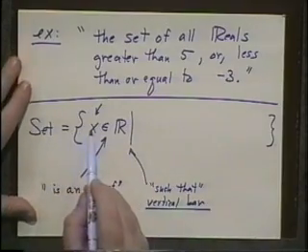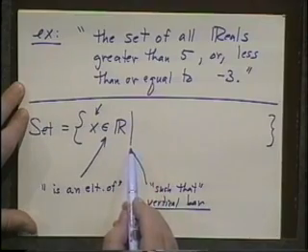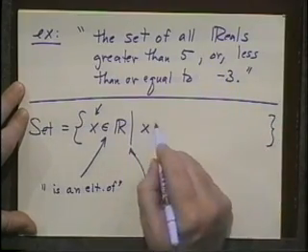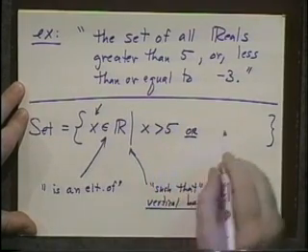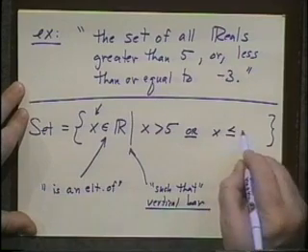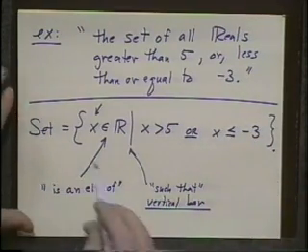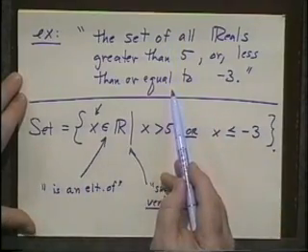So we want a set of all the real numbers x in the real numbers such that what? Such that these conditions are met. We can write those down as saying x must be greater than 5, or, write the word or in there, x is less than or equal to -3.